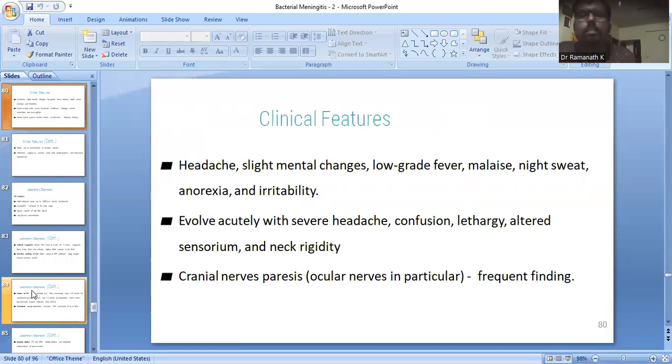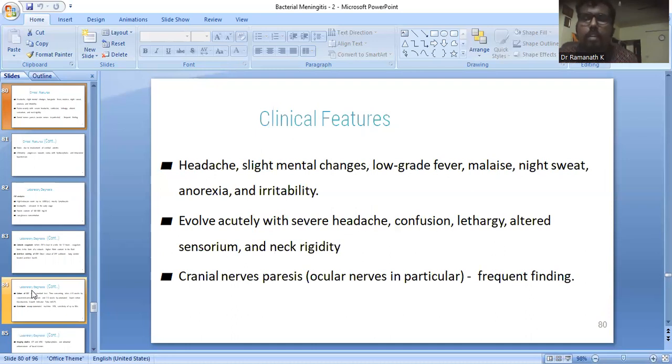Here also, the person may experience headache, slight mental changes, low-grade fever, malaise, night sweats, anorexia, and irritability, and evolve acutely with severe headache, confusion, lethargy, altered sensorium, and neck rigidity.